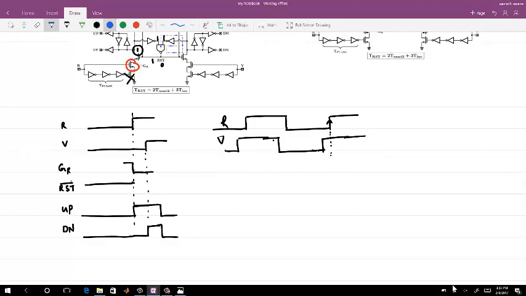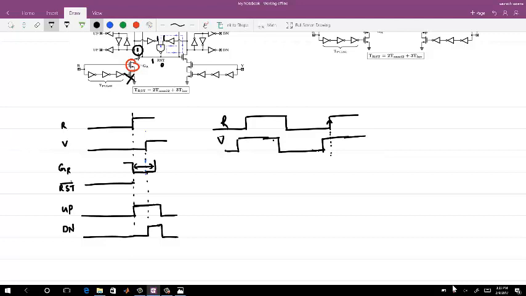When R goes high, your GR goes low, and there is some T pulse period itself. The pulse should not be exactly like this, so let me say that it goes high separately, and this period, which is decided by the inverter delay, is the pulse period in which this latch is still active.